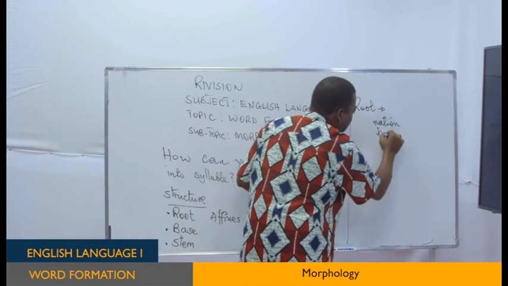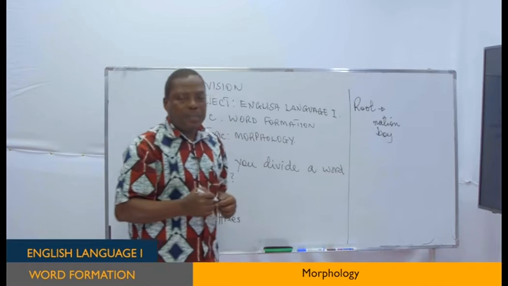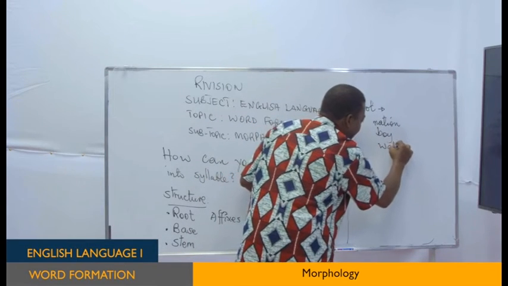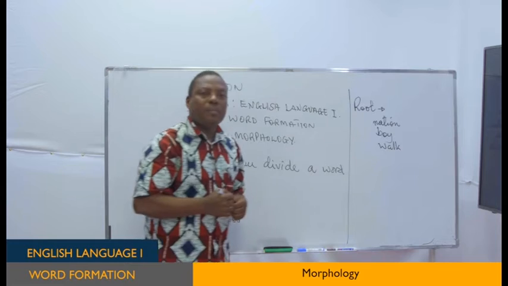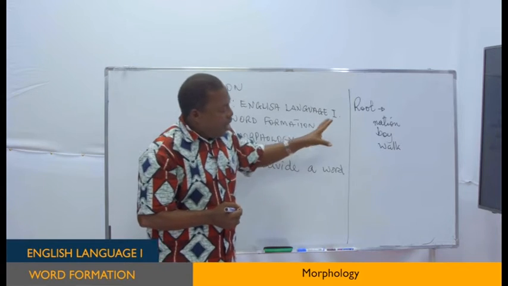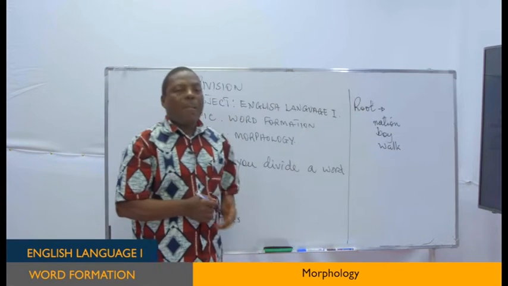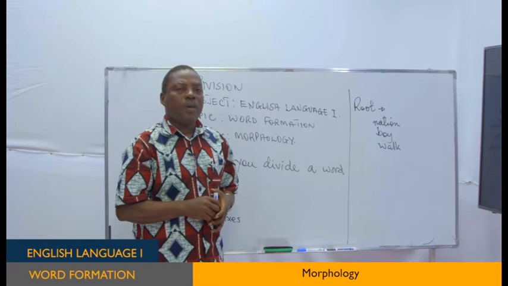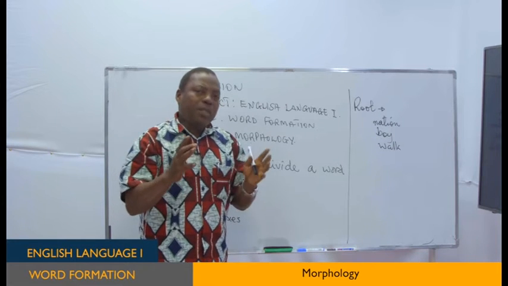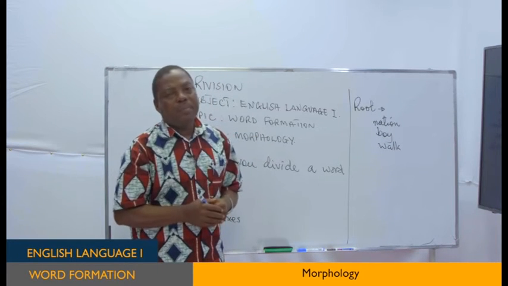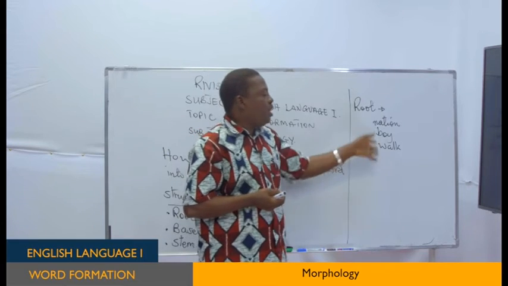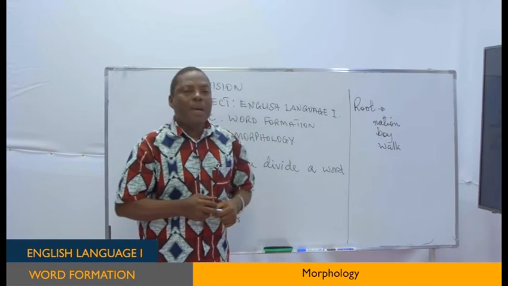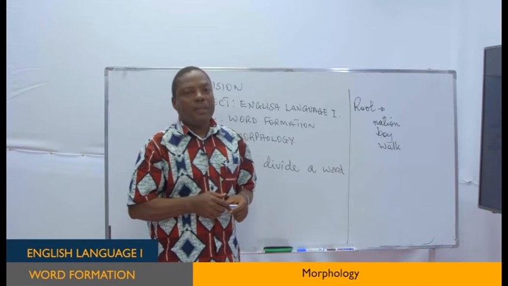You have this word boy. You can have even another word like walk. These words by themselves are roots. They carry the basic part of a word. You cannot remove any of these letters before you destroy the meaning of what has been presented.